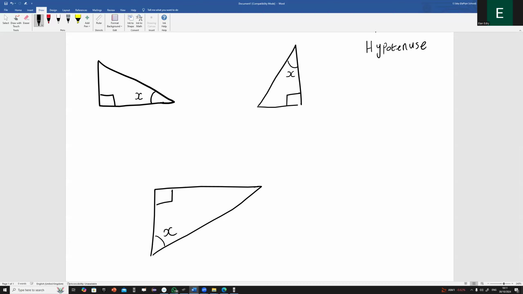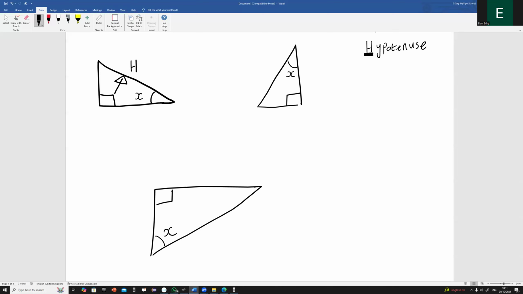We did this last time. Hypotenuse is always the longest side of a triangle, okay? So looking at these three triangles, the first one, to get the hypotenuse, I would just draw a line going away from the 90, and the side that I hit is the hypotenuse, so I label that H.